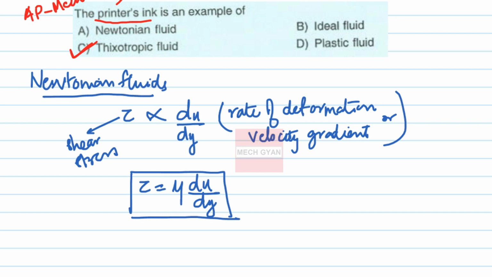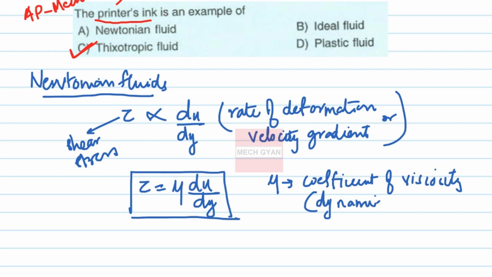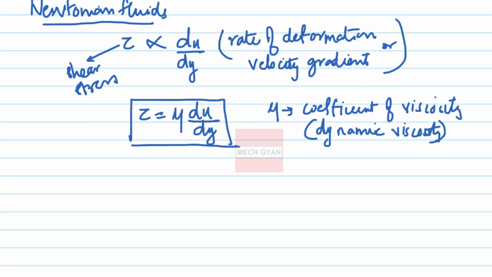Here mu is called the coefficient of viscosity, also known as dynamic viscosity. The unit of mu is Pascal second, where Pascal is the unit of pressure.